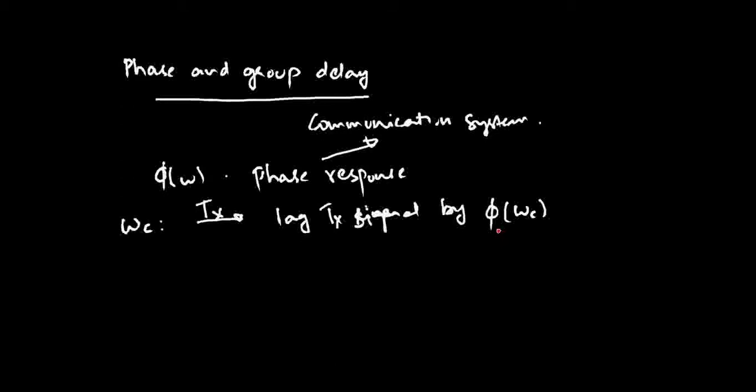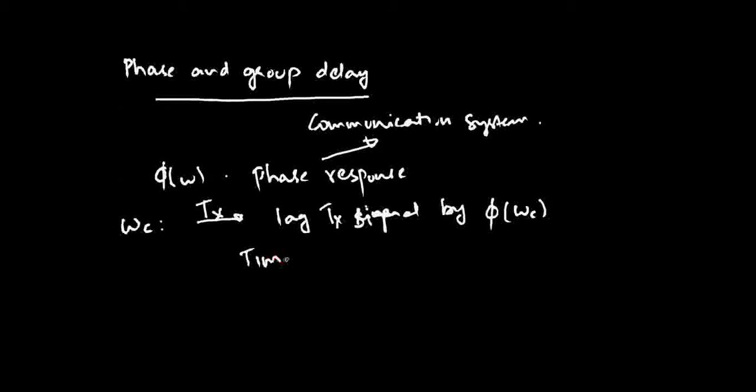That is, the phase of the received signal is delayed with respect to the transmitted signal by an amount equal to phi of omega c. Delay is usually measured in terms of time, say 1 millisecond or 2 milliseconds as an example.